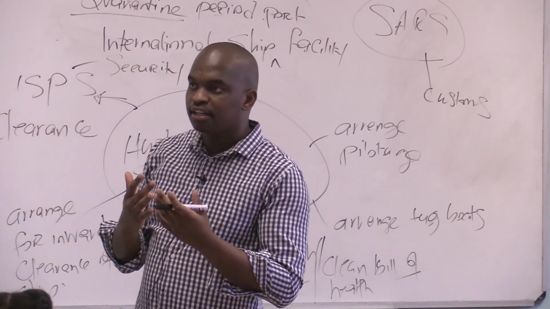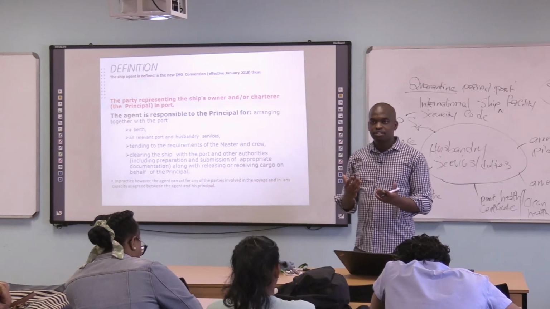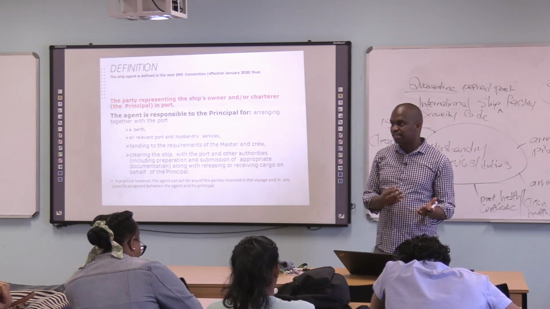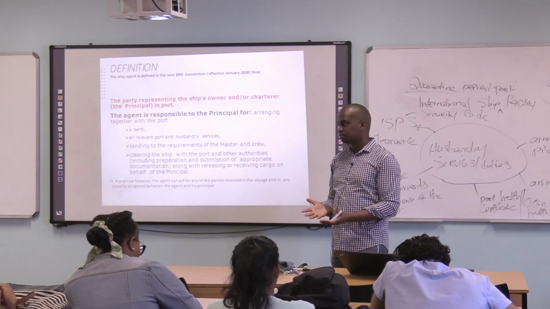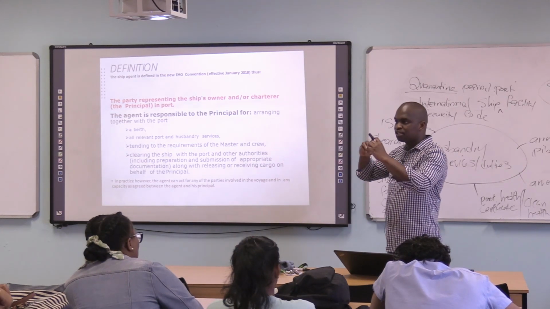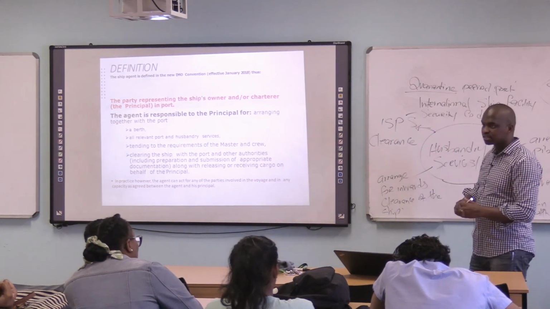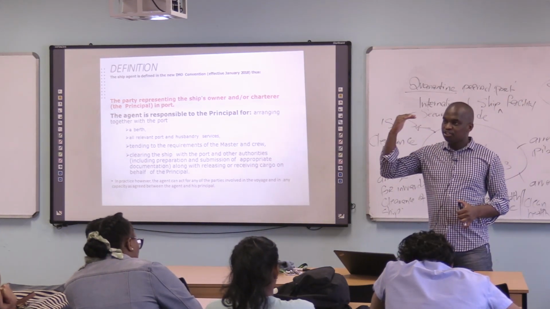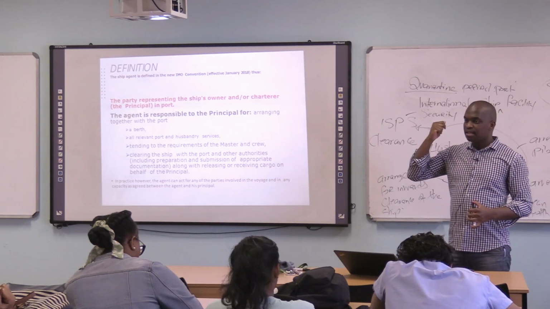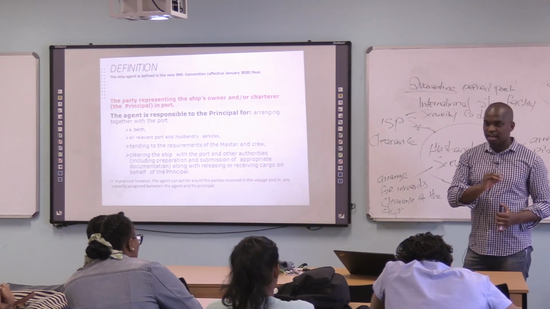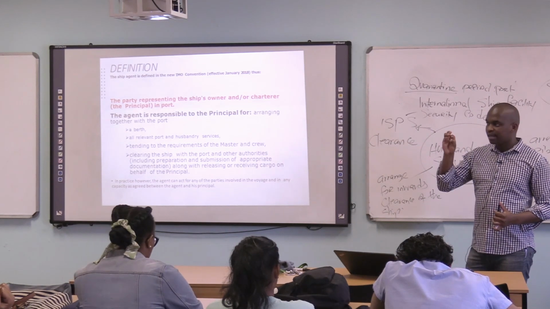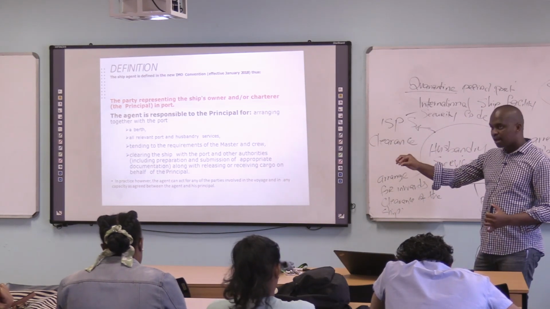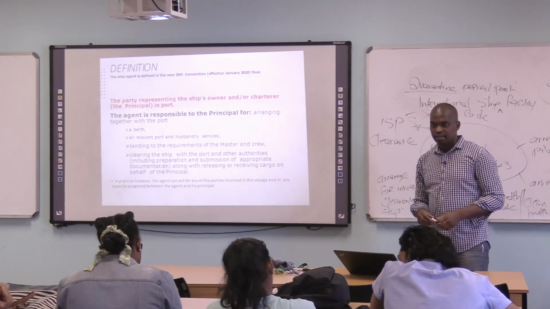Unless the ship does that, it will unfortunately not be granted access to the port. So it becomes the duty of the ship agent to remind the ship captain to apply for ISPS at least 96 hours prior to the ship's arrival.